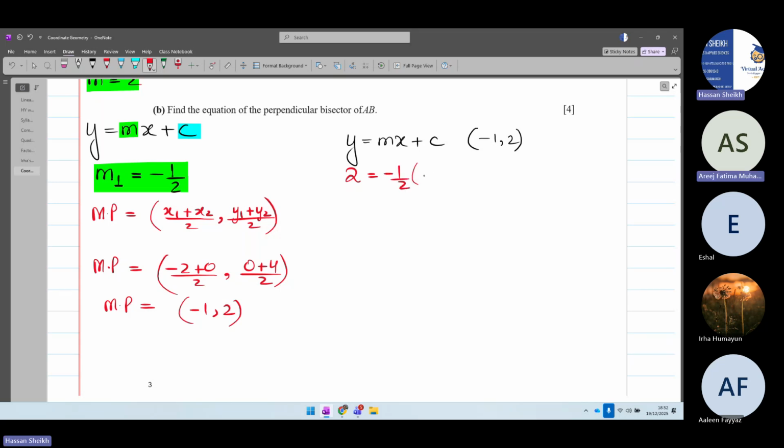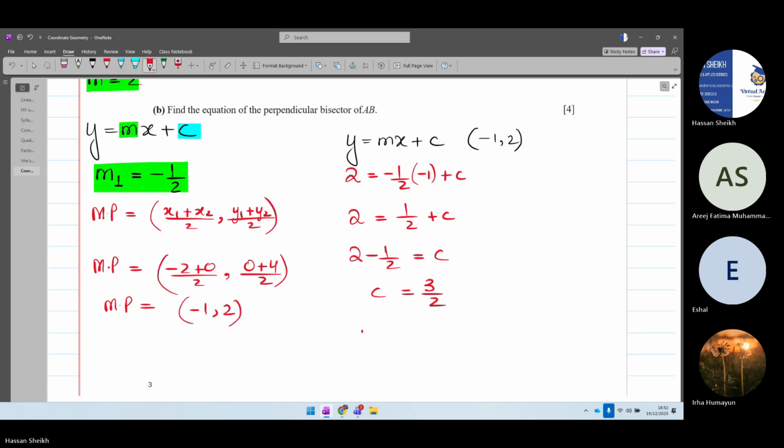Minus 1 over 2. What is x? Minus 1. So minus 1 times minus 1 over 2 is 1 over 2. Then 2 minus half is what? Is that 1.5 or 3 over 2? Then what must be the equation?